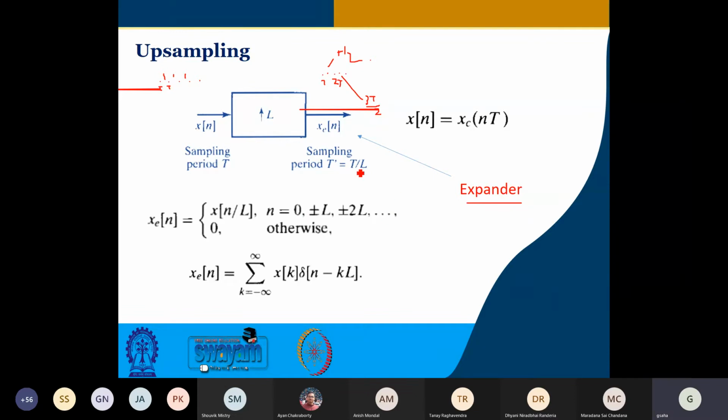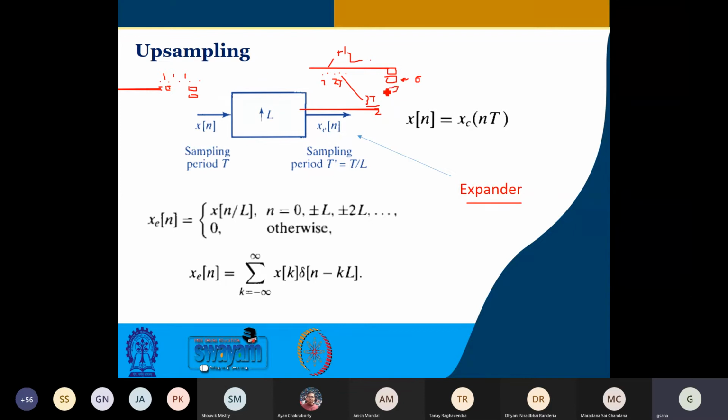Now to do that, the first step is the expansion. We all know that these sample values are stored in memory. So this 2t value is stored in memory, and it becomes a sequence processing. Digital signal processing is digital sequence processing only. So here what we do is, this is the first t value, then we put another value which is just 0.